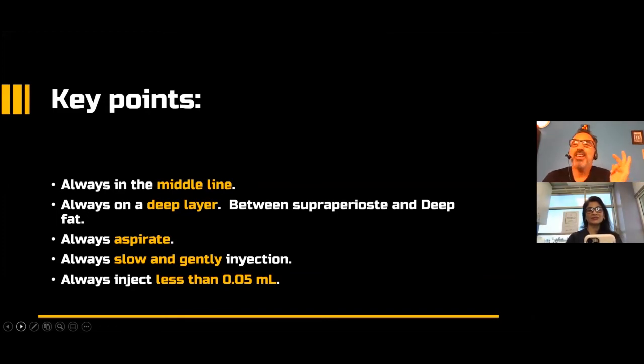So if you inject 0.05 or more, you can stroke the supratrochlear artery. So we must use quite small volumes.